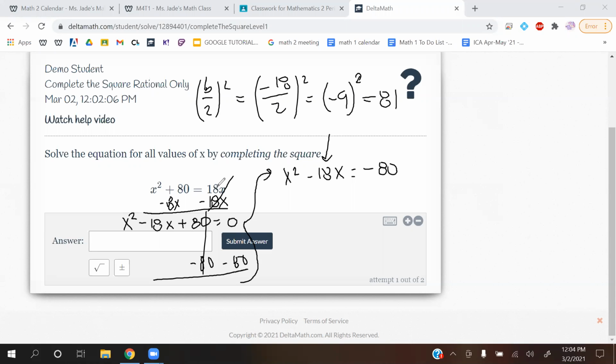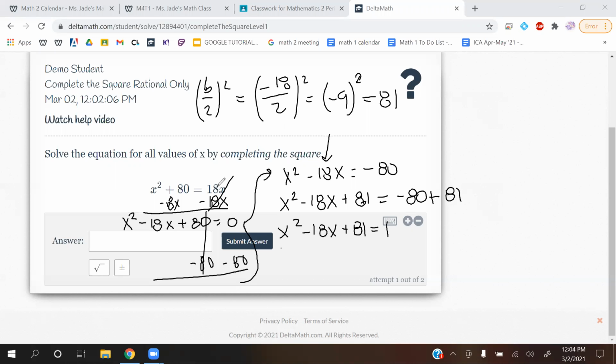We are adding 81 to both sides. So plus 81, plus 81 on both sides. So here we get x squared minus 18x plus 81 is equal to negative 80 plus 81 is just 1.